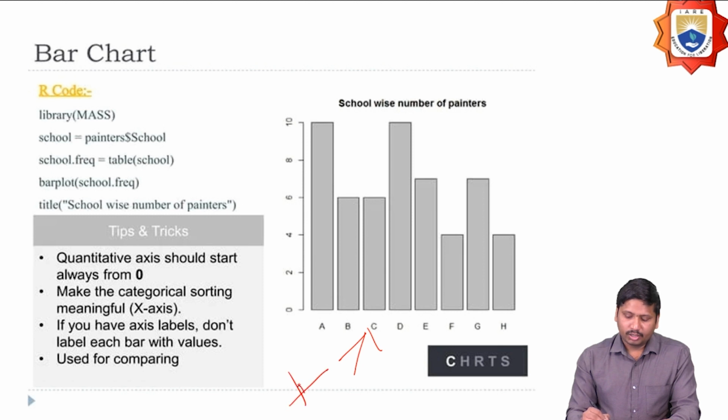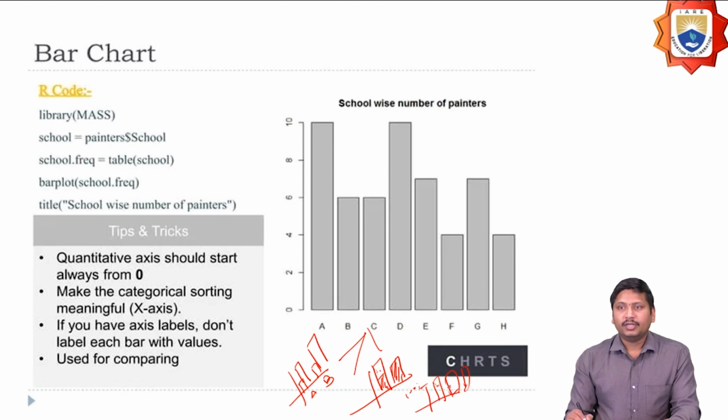The multiple bar chart looks like this, and the composite bar chart has different compositions. In the 100% bar chart, the height of each bar matches 100%. So we have different types of bar charts.